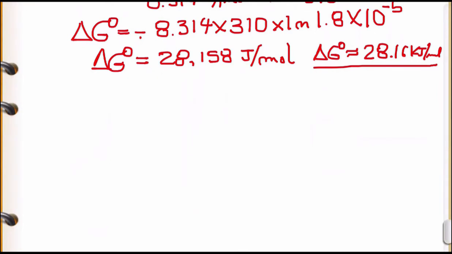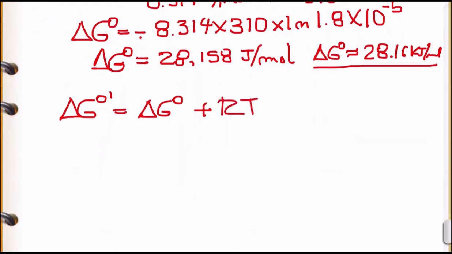In order to calculate for the other condition, we use the other equation that we already know. Delta G, in this case the delta G naught prime, equals delta G naught plus RT natural logarithm of Q. This is a generic equation: delta G equals delta G naught plus RT ln Q. We already calculated delta G naught, 28,158.